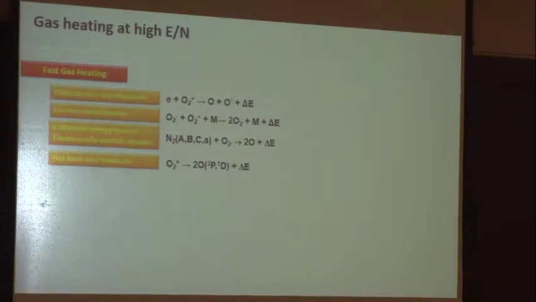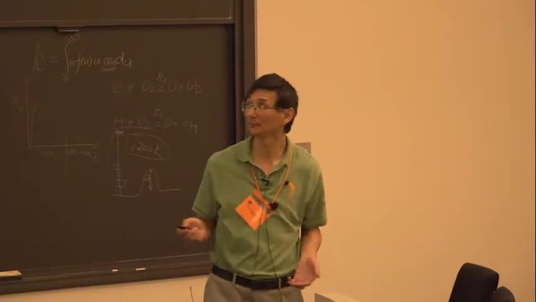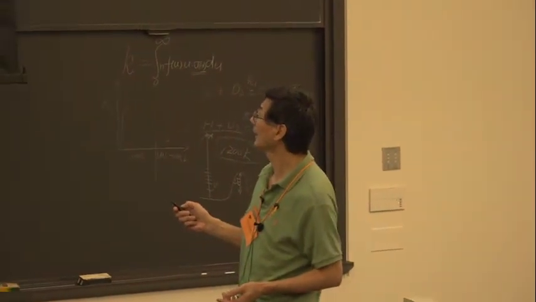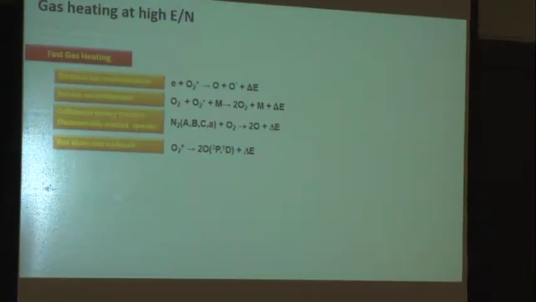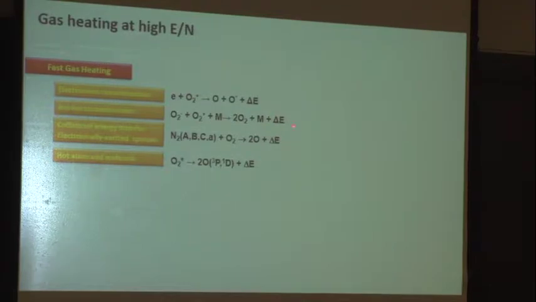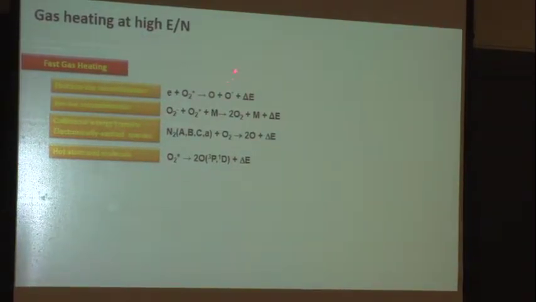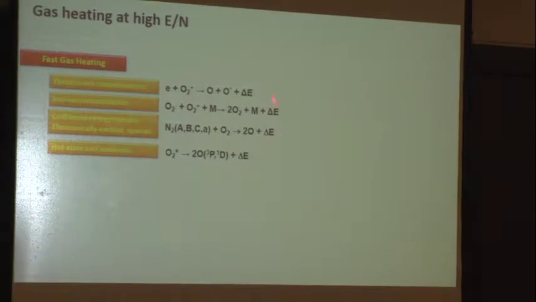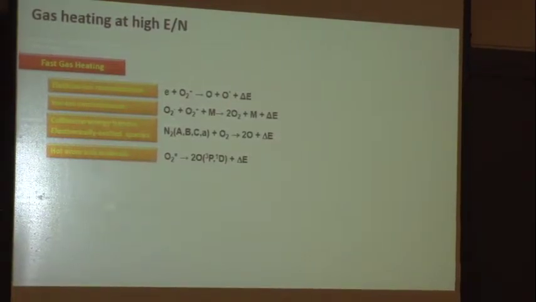If that ion does not collide with something else to generate new radicals, it becomes heat. Particularly at high pressure, recombination becomes a big issue. The positive ion and the negative ion also recombine and release heat. So this also generates heating, and this process takes place very quickly, in a few hundred nanoseconds.